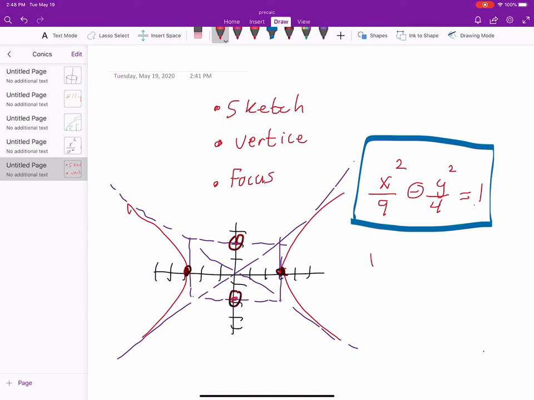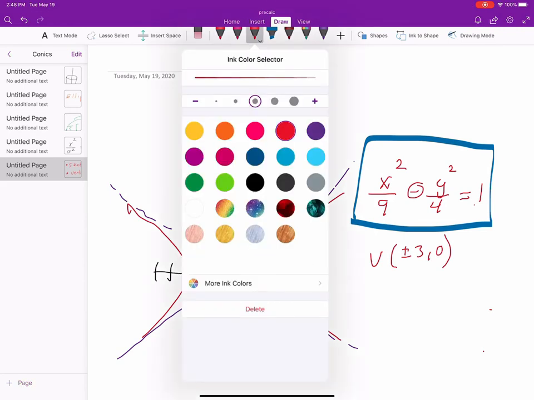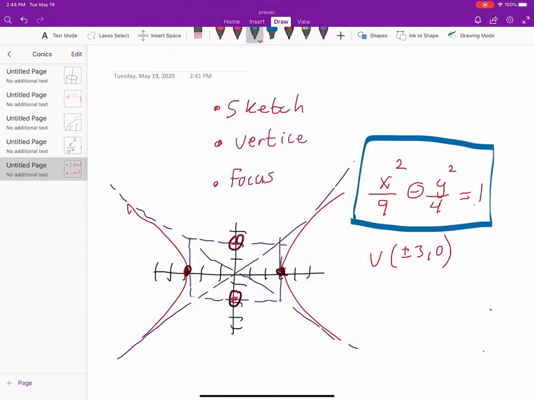All right, let's write them out. So vertex points: V is plus or minus 3, 0. Those are my vertex points. What else do we got? We got focus points. How do we find the focus points? Hopefully you noticed that the focus points were on the outside, someplace on this axis and someplace on the other side.